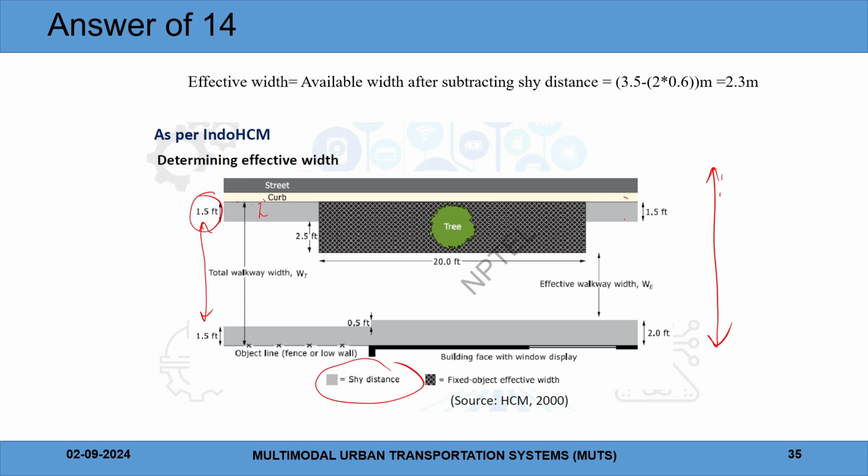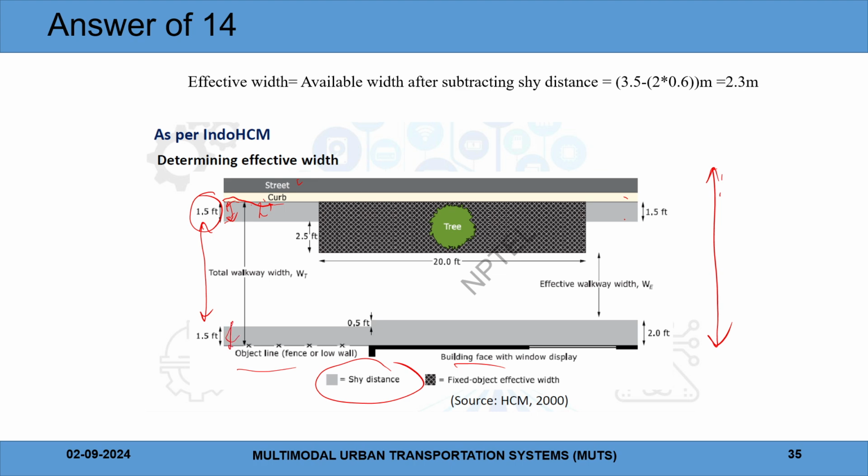Yes, it is the curb between the street and this footpath, and on this side maybe some building or fencing is there. So they will not go exactly by this line, they will maintain a certain distance from there.